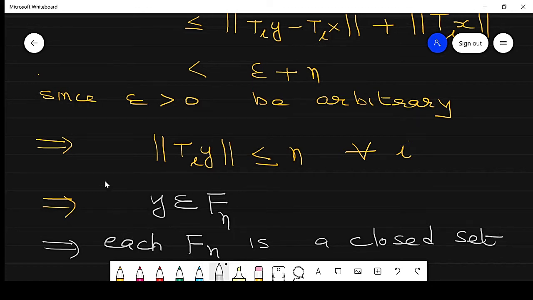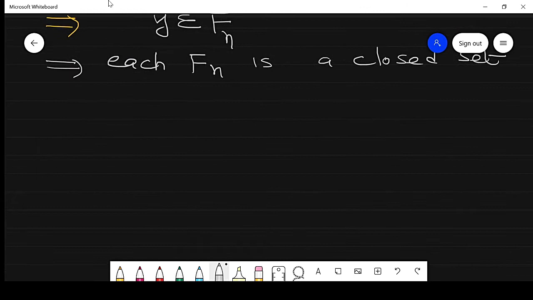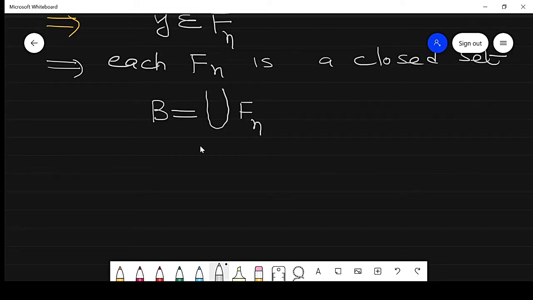Now, since B is a bounded set, Tix is a bounded set, so B can be written as the union of Fn where n is running from 1 to infinity. Why? Because Tix is a bounded set, so Fn is also bounded when n runs from 1 to infinity.